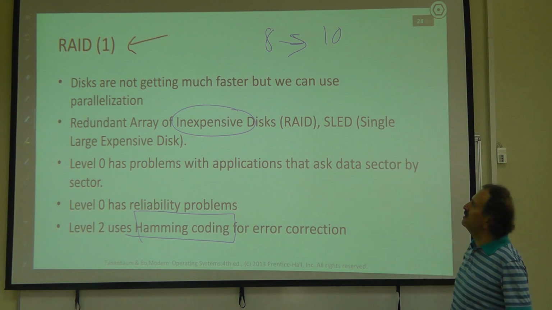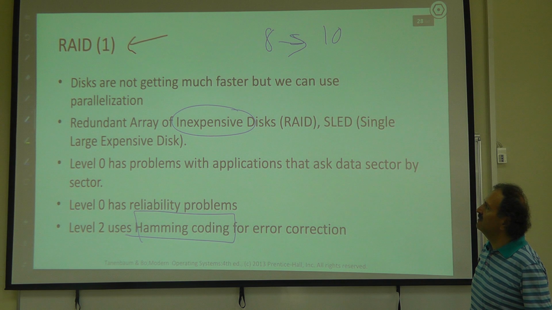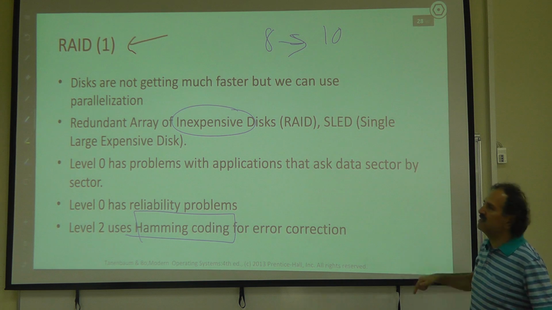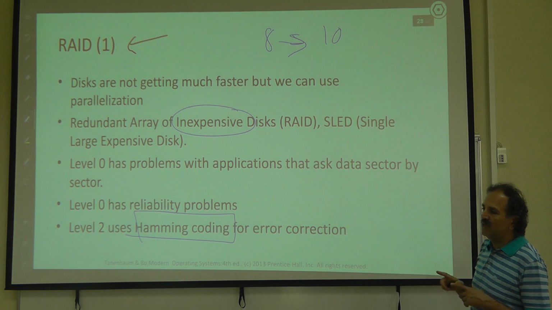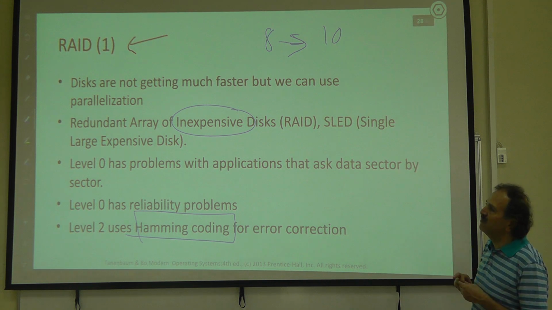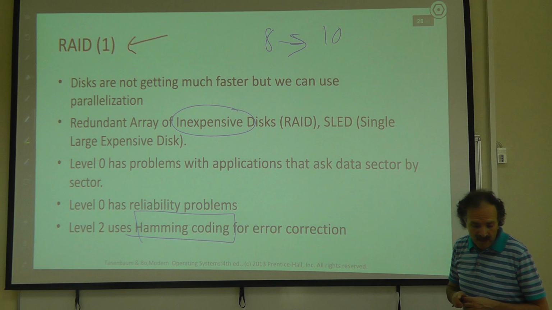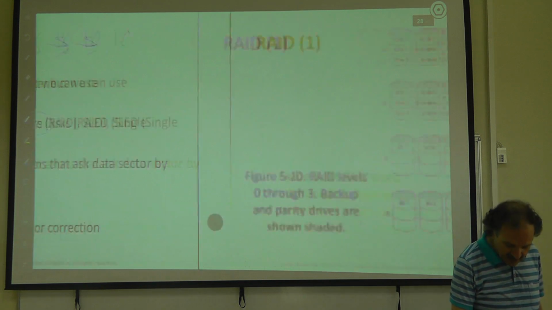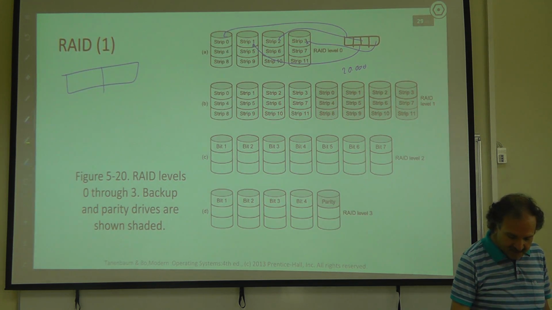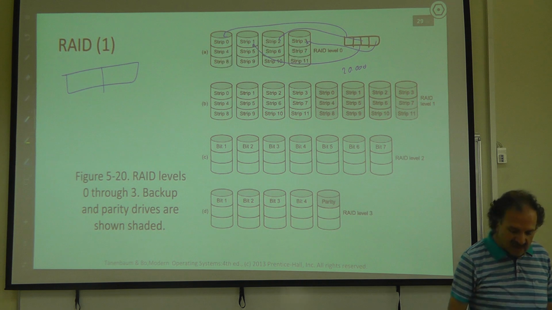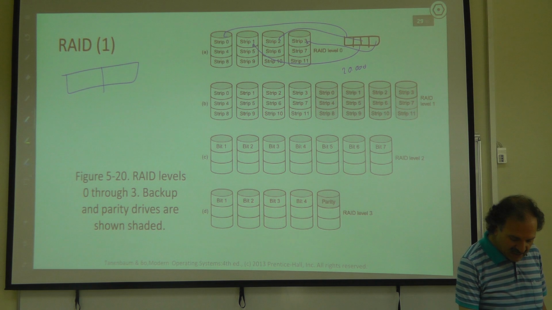So instead of using SLED, we use RAID. You use many disks. That way you have more data, better transfer times, and better reliability. There are many ways of doing this. One is using the original data, dividing into strips, then copying them, using the Hamming code.